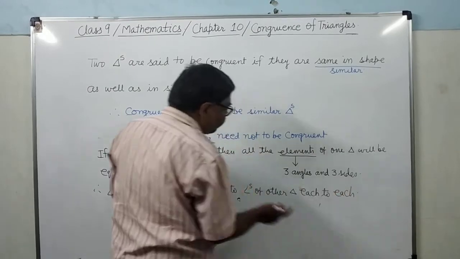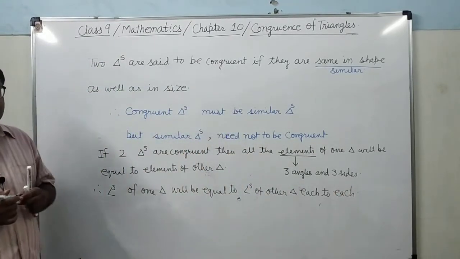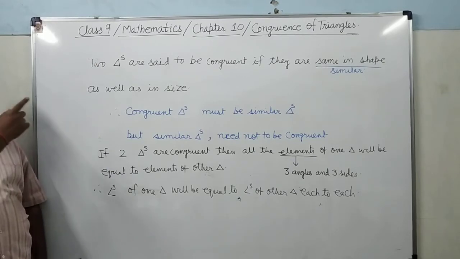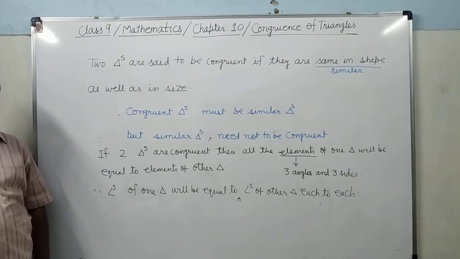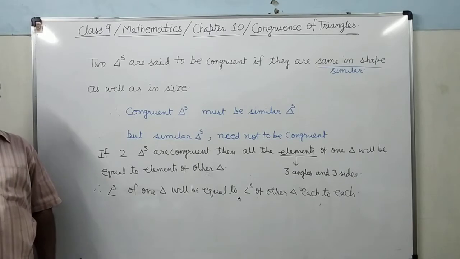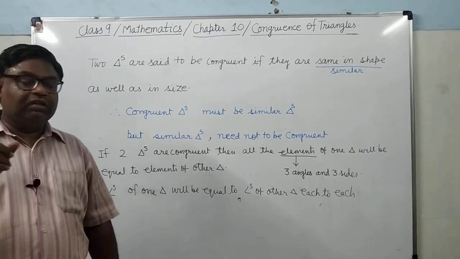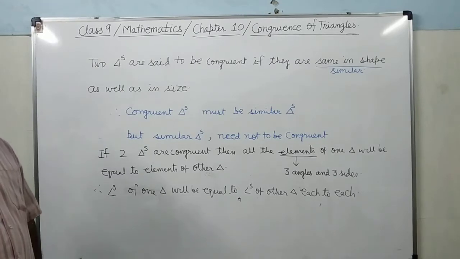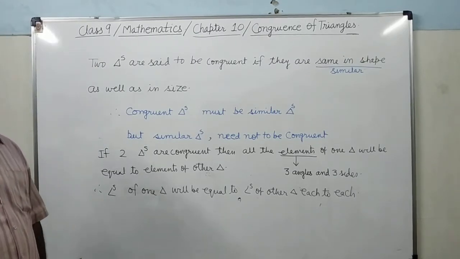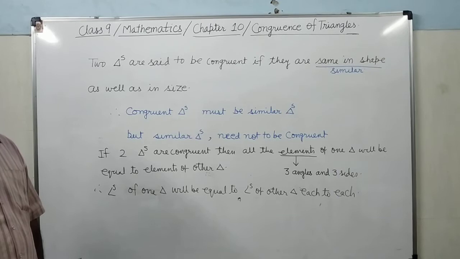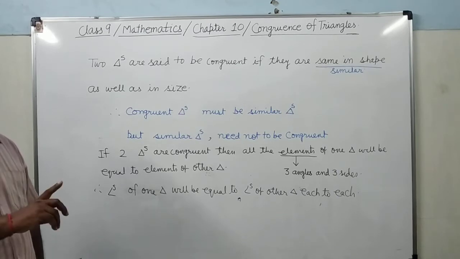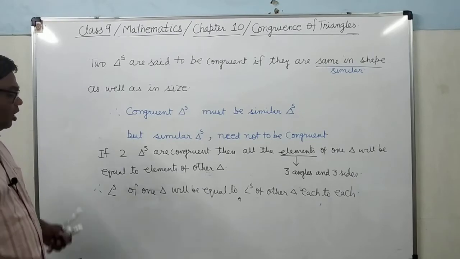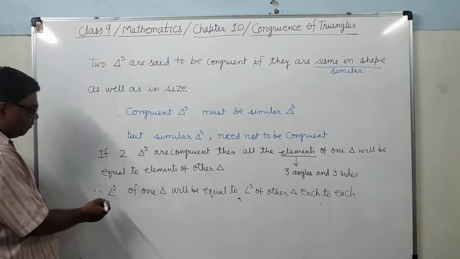What is the meaning of each to each? It means one side of one triangle will be equal to one side of the other triangle. First side will be equal, first angle will be equal, second angle will be equal, third angle will be equal. It's clear?